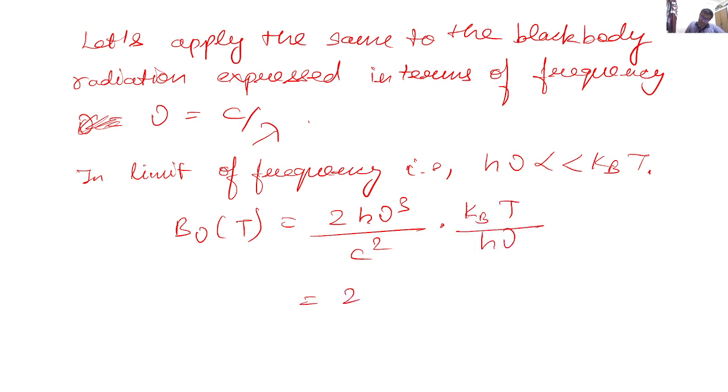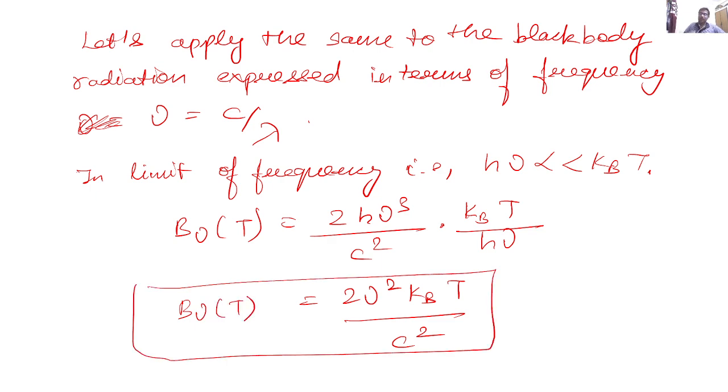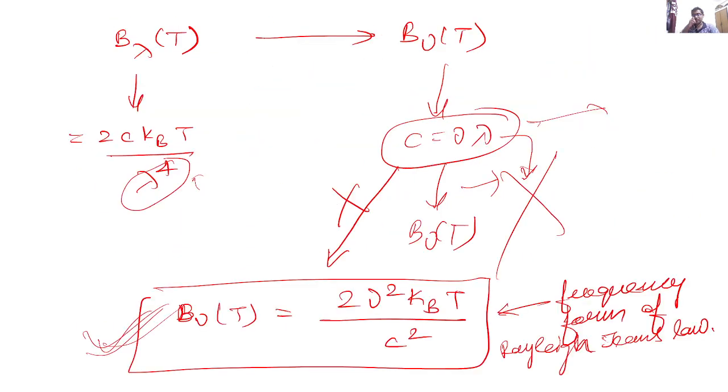So we arrive at 2 nu square kBT by c square. So this is the Rayleigh Jeans formulation in terms of frequency. And this is what I discussed there.